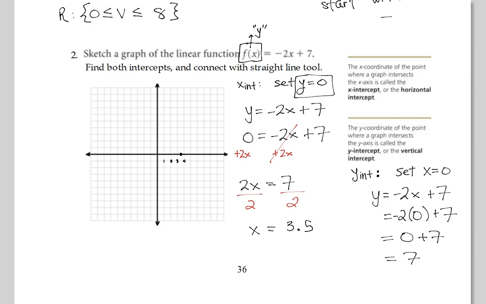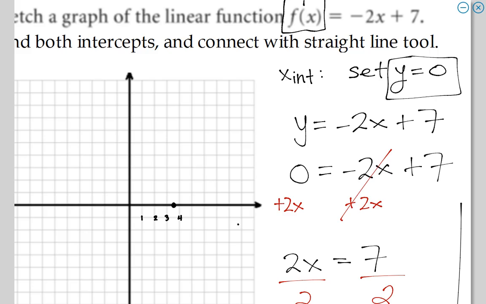You will come to see, if you do enough of these homework questions, that the y-intercept is always the constant, because all the x's will be gone. All of the x's will become 0, and the y-intercept is the constant. So you can now go and find 7 on your grid. 1, 2, 3, 4, 5, 6, 7. So there's 7.